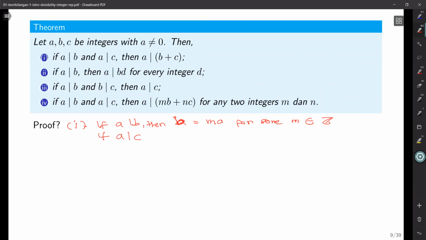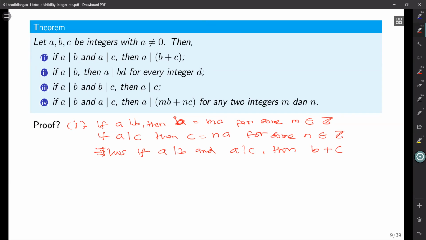And if A divides C as well, then C is equal to N times A for some integer N. Now, if you combine this together, if A divides B and A divides C, then B plus C is equal to MA plus NA, which is equal to A times (M plus N).